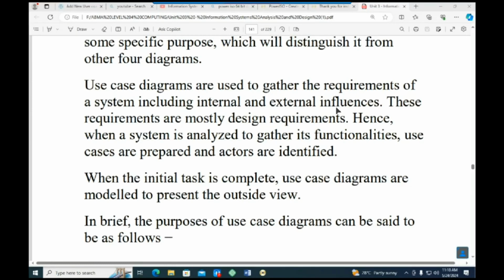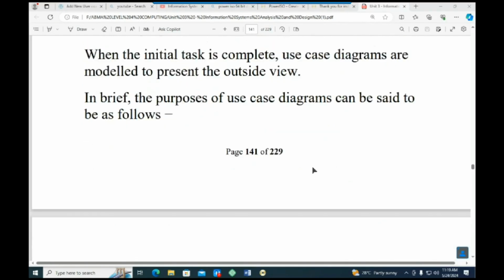And when we are talking about requirements, we are not limiting ourselves to what the system is actually supposed to do. We are also talking about what factors, both internal and external, are actually influencing the operation of that system. Very important. Okay, so if we look in brief, what is the purpose of use case diagram?